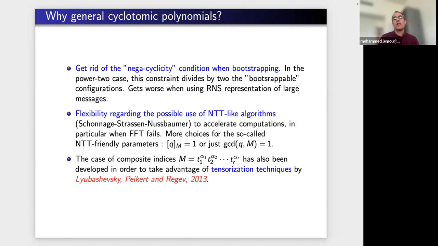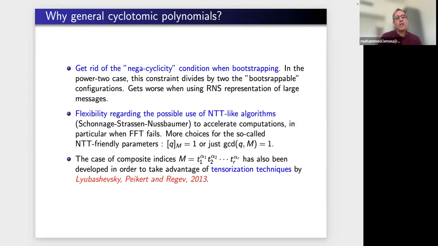Your function should satisfy some condition which penalizes the process of bootstrapping. When you allow more general cyclotomic polynomials, this condition disappears completely, and we'll show you how. This is a real advantage, because this penalization may be even worse when using, for example, the Chinese remainder theorem representation, or RNS, for large messages.